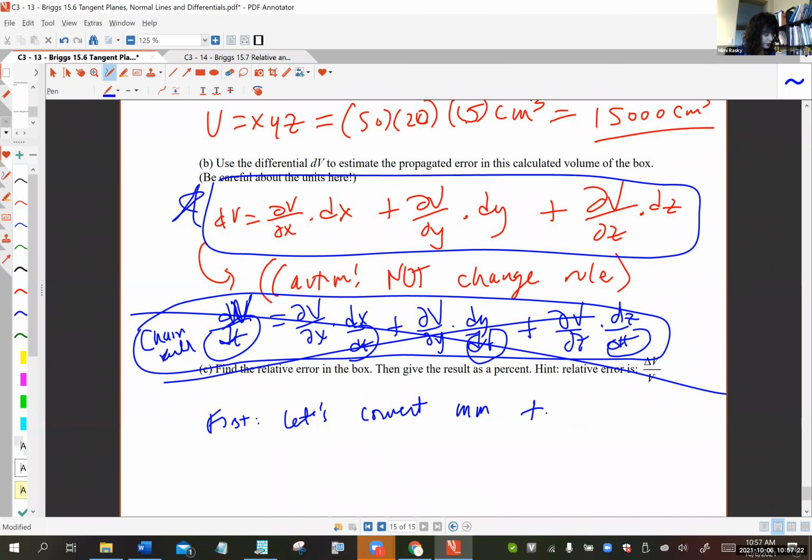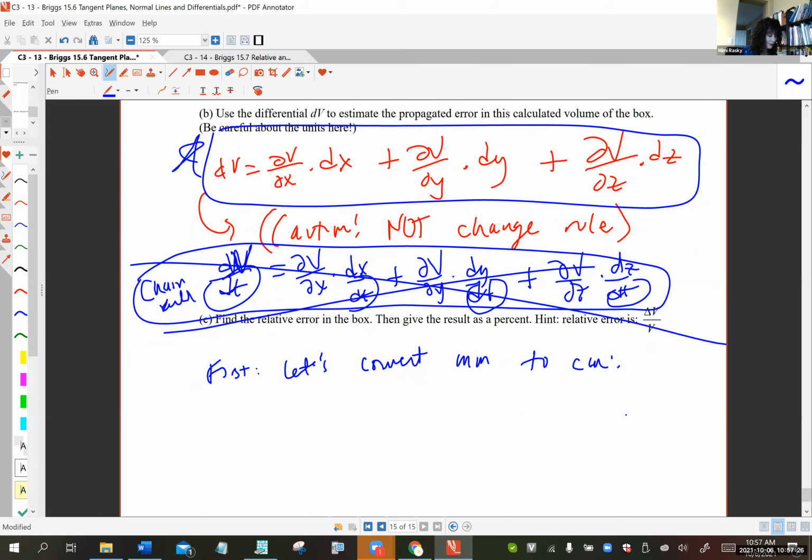Okay, how do you do that? Anybody familiar with metric? 0.1 millimeter is equal to how many centimeters? Should we Google it? You guys are funny.